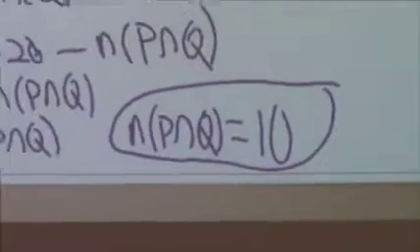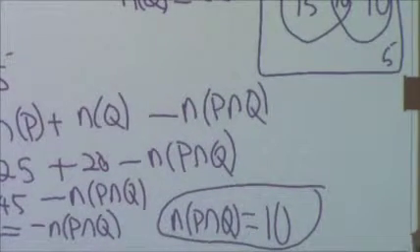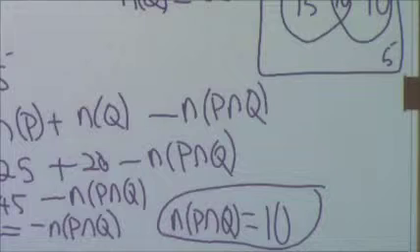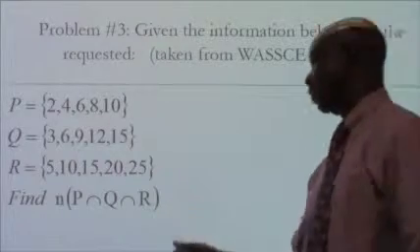Okay? Now, the next problem involves 3 rings. So let's see how we can do it. We use similar concepts here. So what do we mean by P intersect Q intersect R?